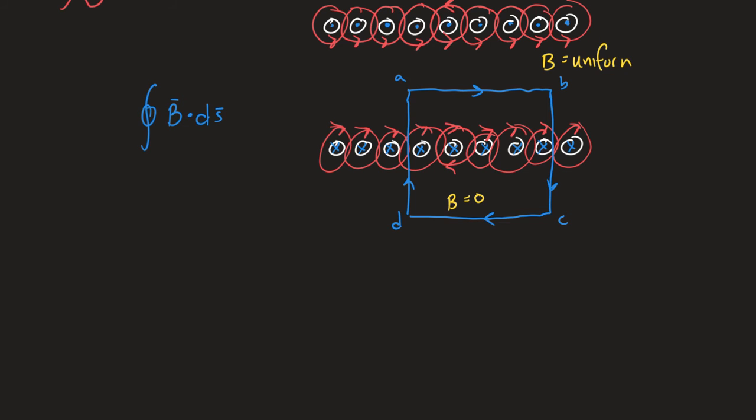And if we consider this portion of the line integral right here, the ds portion would be in that direction, and the magnetic field will be in that direction.